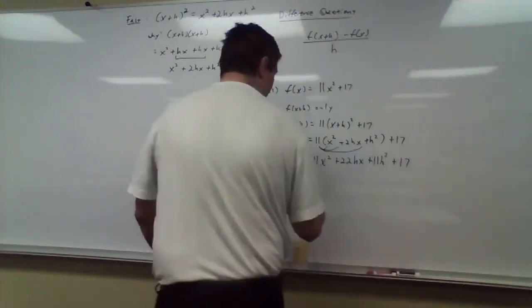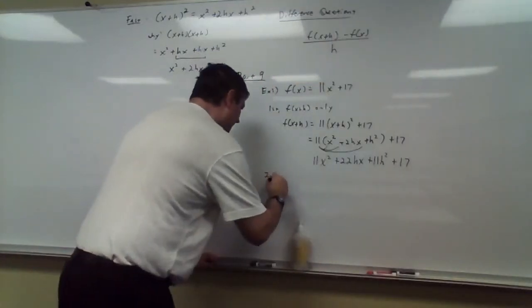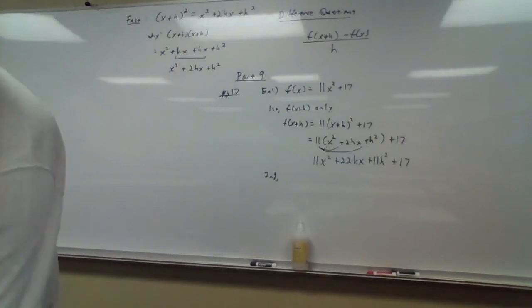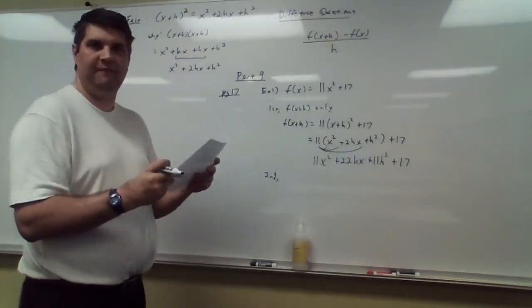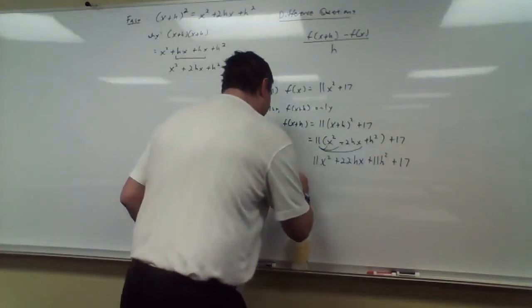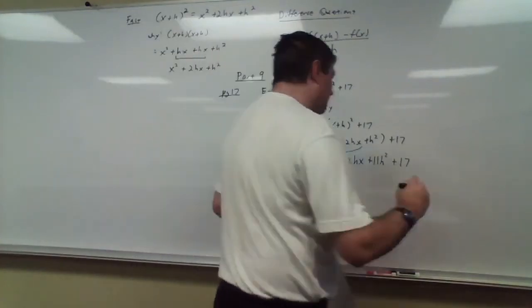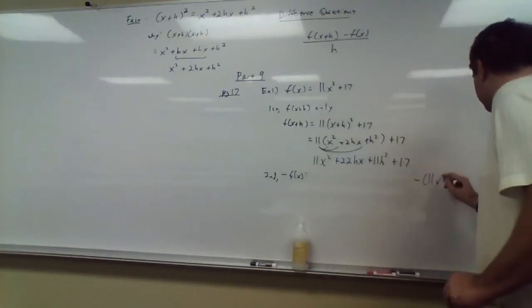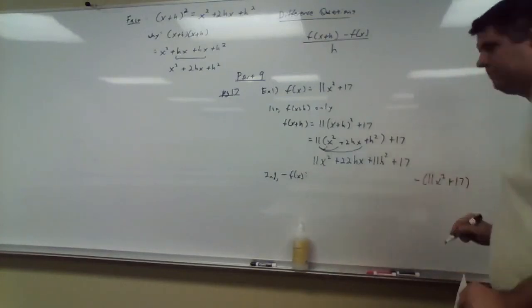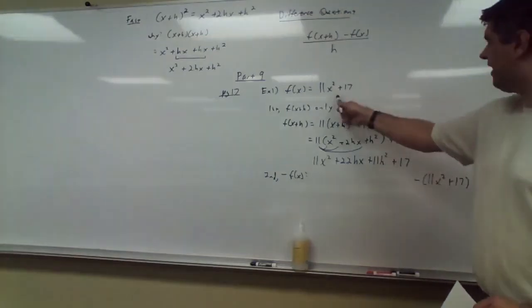Second, subtract the original f of x. So minus f of x. So I'll be subtracting the original 11x squared plus 17. The original f of x.